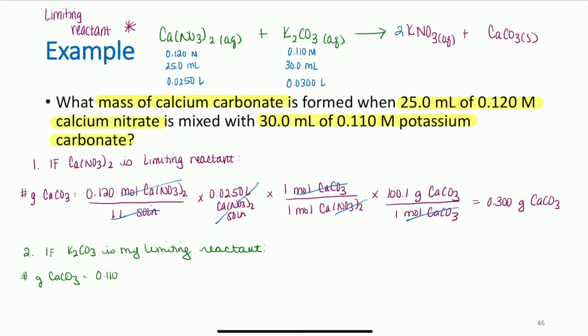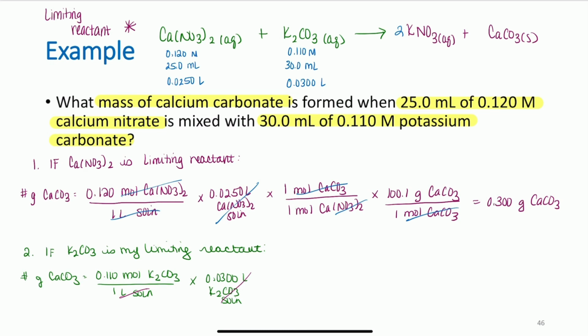I have 0.110 molar, which is 0.110 moles of K2CO3 to 1 liter of solution. I have 30 mL of that solution, so times 0.0300 liters of my K2CO3 solution. That cancels out my liters of solution. Now I'm in moles of K2CO3.